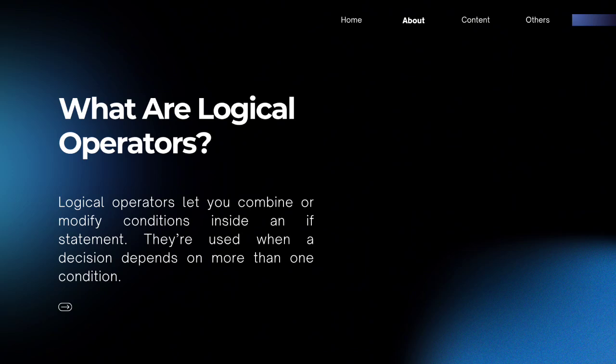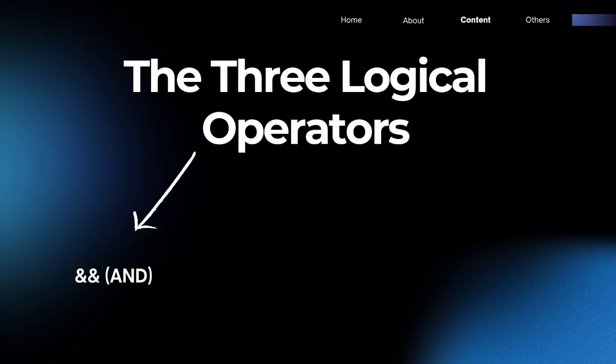They are used when a condition depends on more than one condition. These are all the logical operators available in C language. The first one is called the AND operator. These are two ampersands, which represent the AND operator.